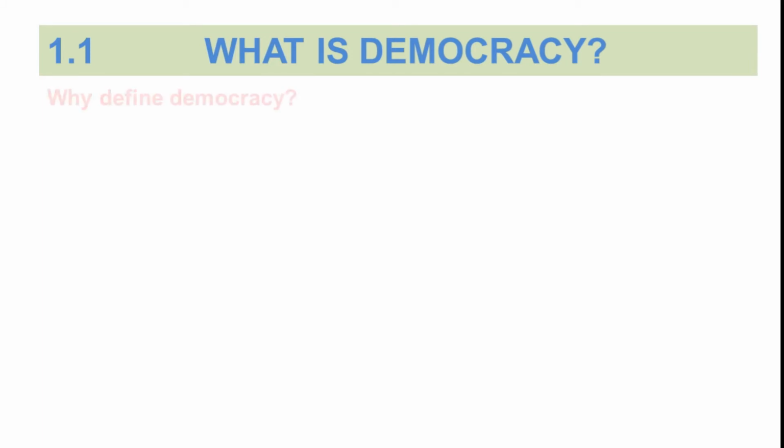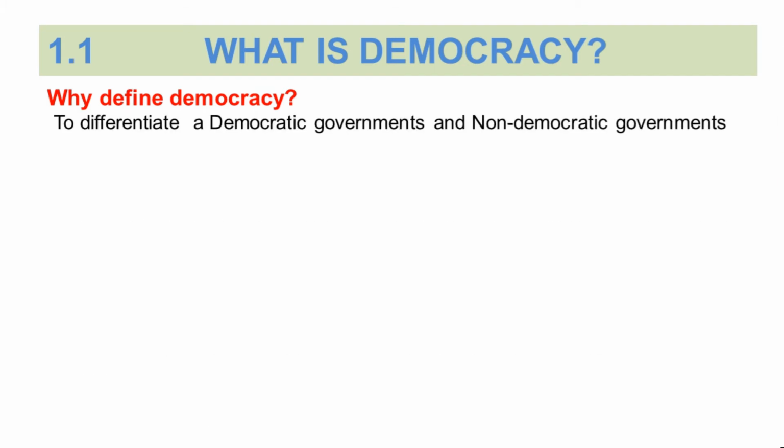Now there is a question: why do we need to define democracy? Basically, the answer is we need to define democracy to differentiate a democratic government from a non-democratic government. But it is not adequate. We need a definition only when we come across a difficulty in the use of a word.